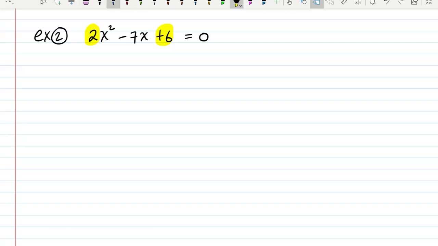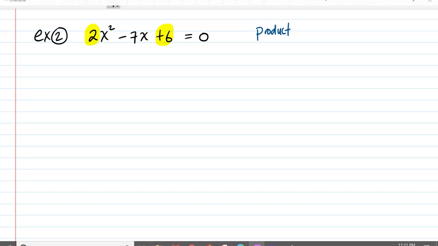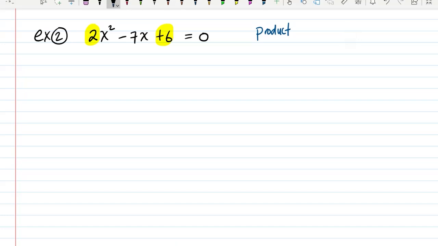So 2 times +6, product of +12, and the sum is -7. Okay, so let's check which numbers will make the product of +12 and sum of -7.